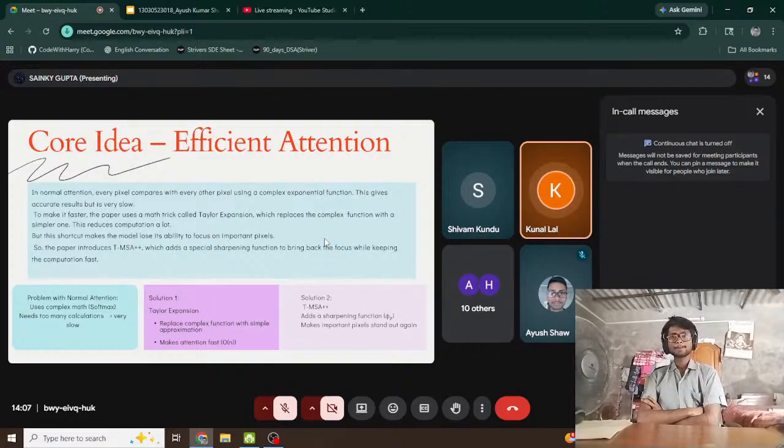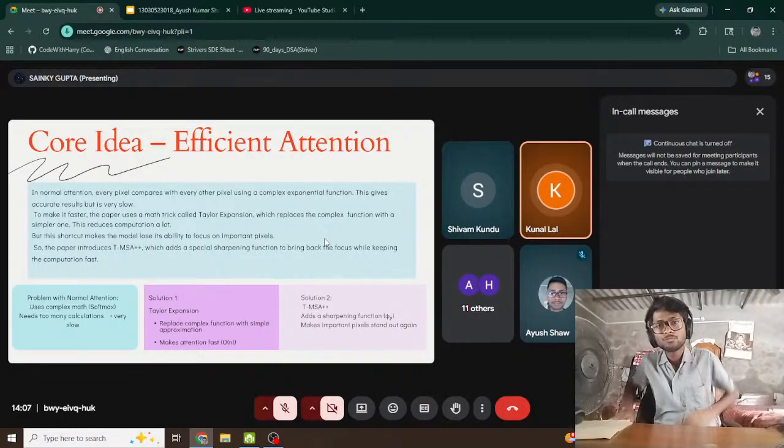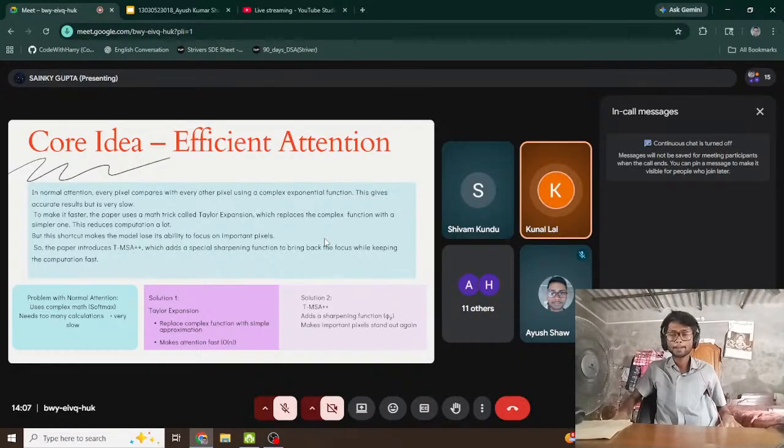In normal attention, every pixel is compared with every other pixel using a complex exponential function. This gives accurate results, but is very slow. To make it faster, the paper uses a math trick called Taylor expansion, which replaces the complex function with a simpler one.